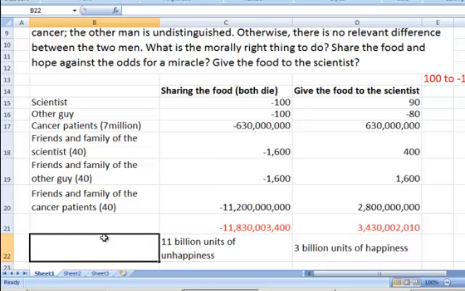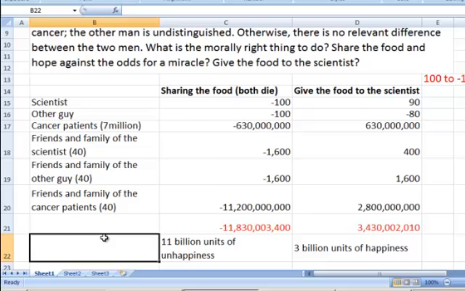It's not even close. Giving the food to the scientist creates 3 billion units of happiness. Sharing the food, which leads to both guys dying, is going to create 11 billion units of unhappiness, 11 billion units in the negative direction. And so clearly the morally correct thing to do, at least according to utilitarianism, is to give the food to the scientist.